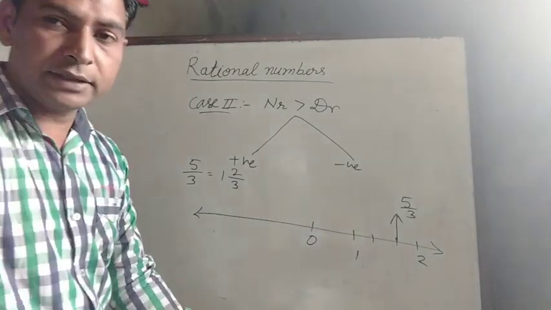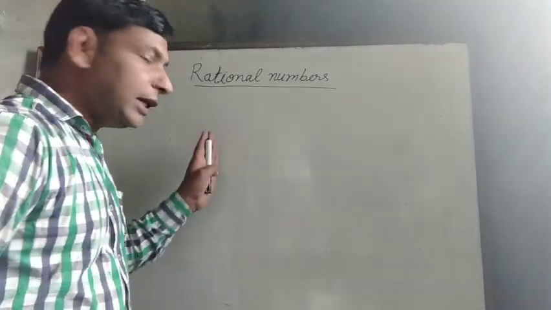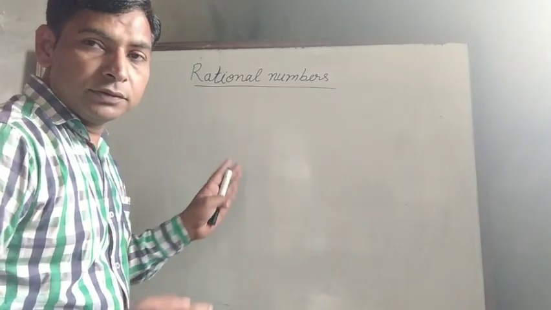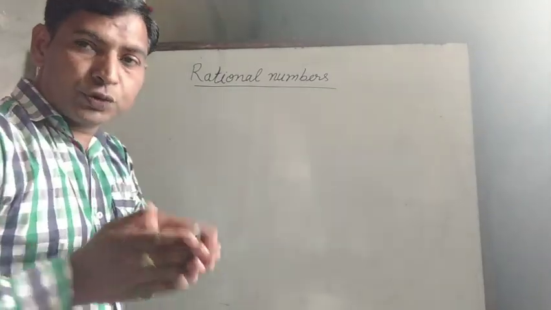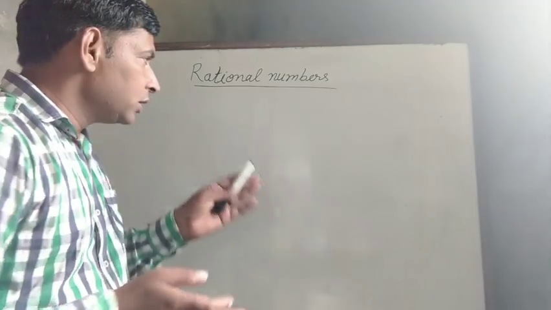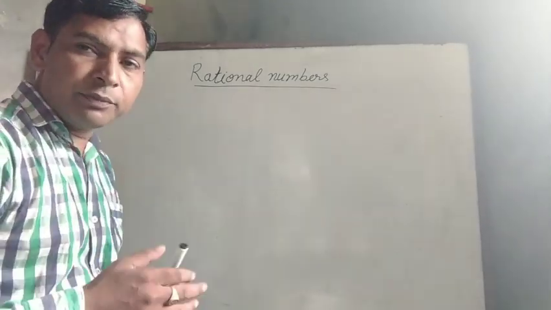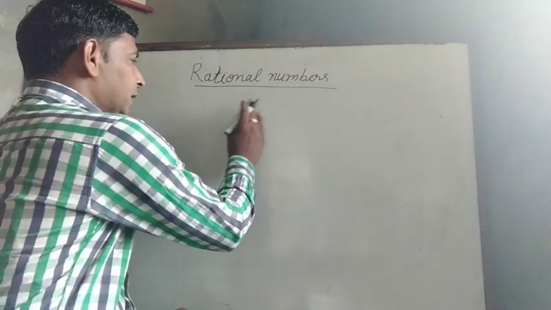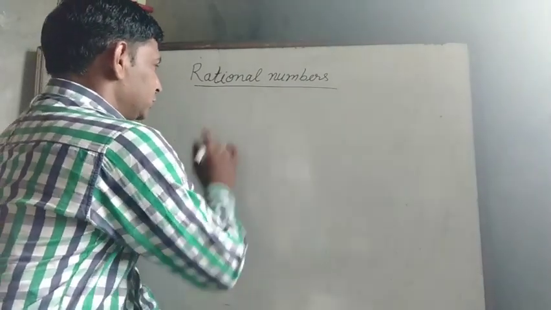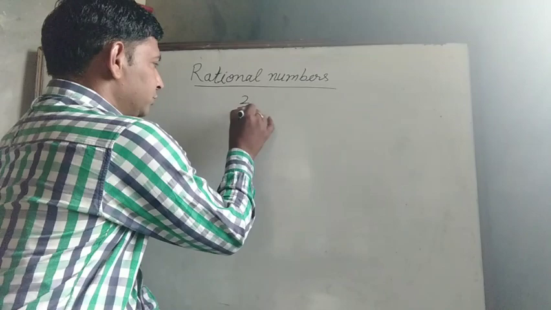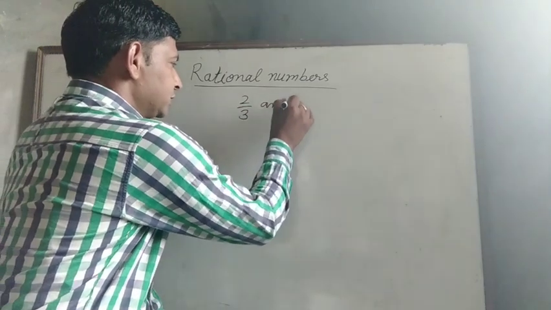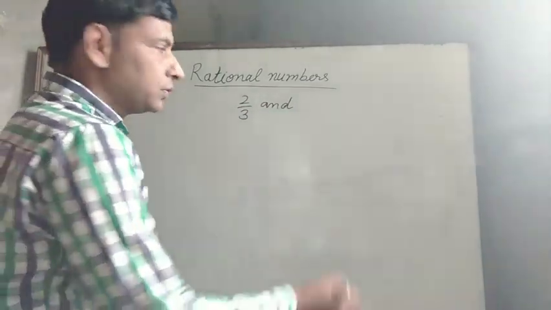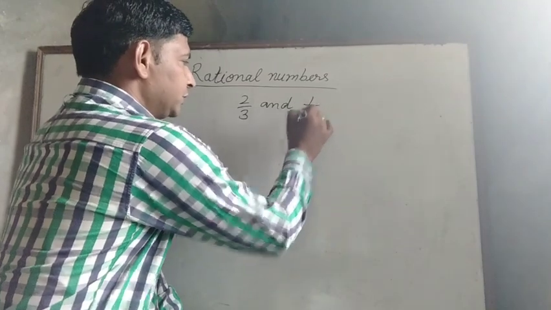So, next is, if we want to find some rational numbers between two rational numbers, such as 2 upon 3 and 1 upon 6.